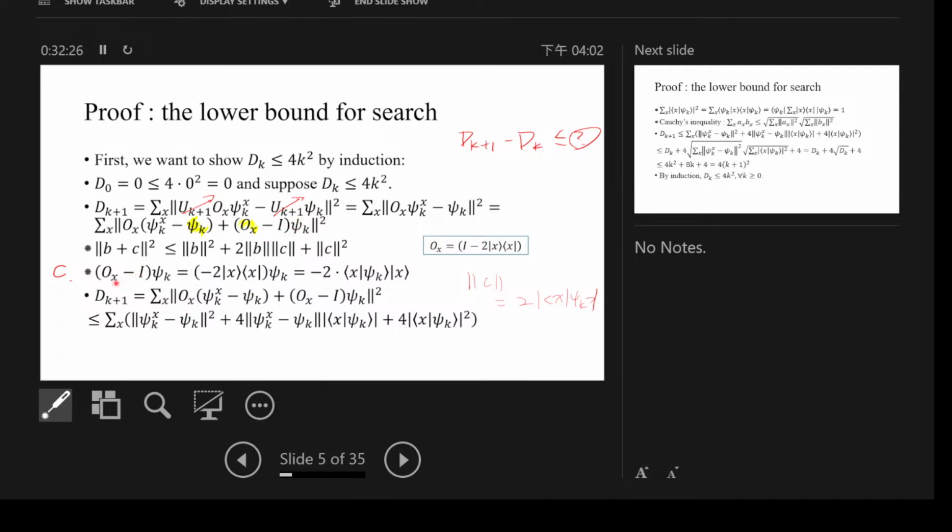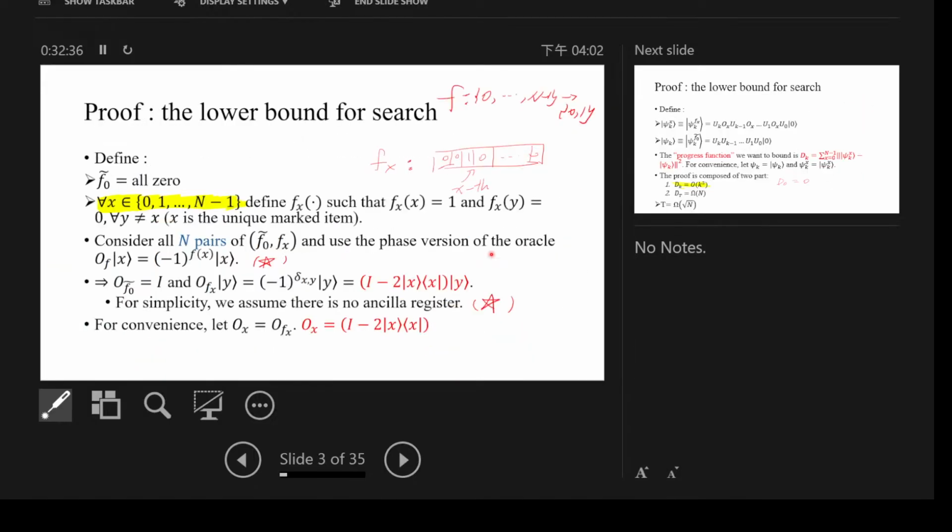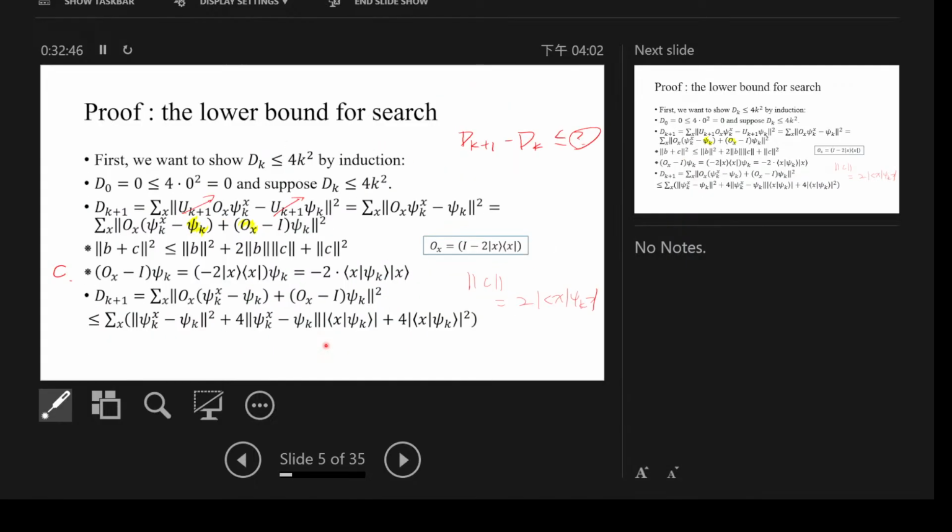Now we use our OX equal to 2 minus I minus 2 times the x projector. This is several steps ahead. So OX equal to this thing, and we only need this here. Then we see that identity minus OX is something very simple.